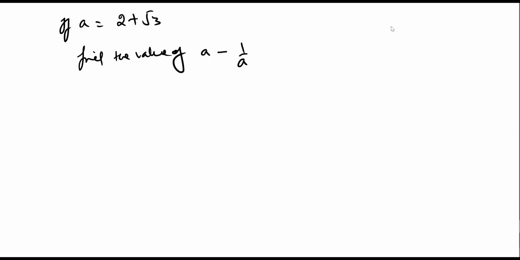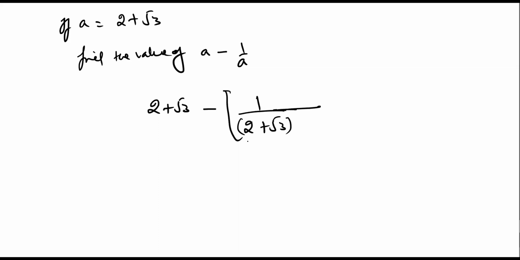Write this value, Rima, like this that you used to write. In place of a, write 2 plus root 3. Then minus 1 upon 2 plus root 3. Then rationalize this denominator. But how can you rationalize this one?